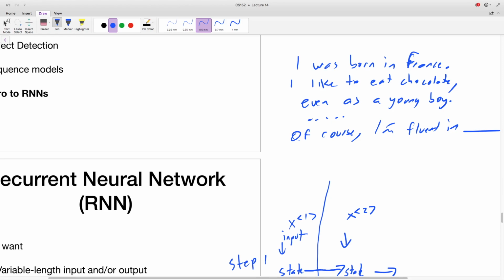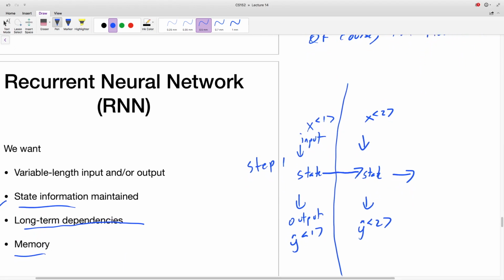Because theoretically, just this idea that we have some state, and we pass it on, and we pass it on, and we pass it on, there's a connection between the born in France and the speaking French through this state information. We just need to make sure that information can actually be maintained, and when we do backpropagation, that we can train it.